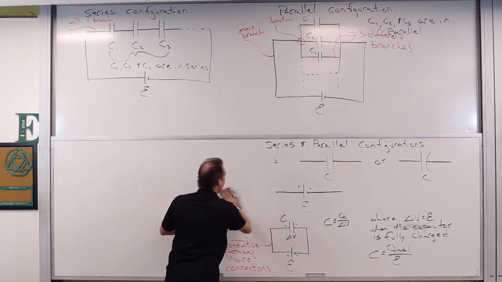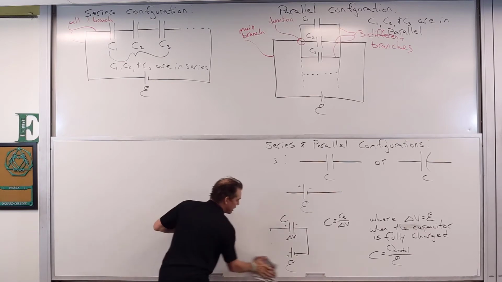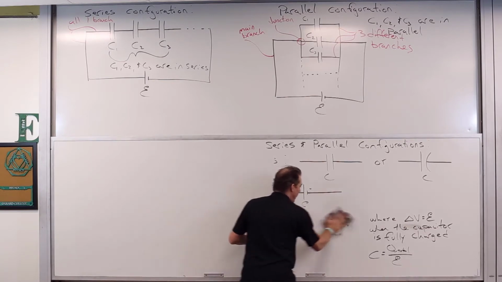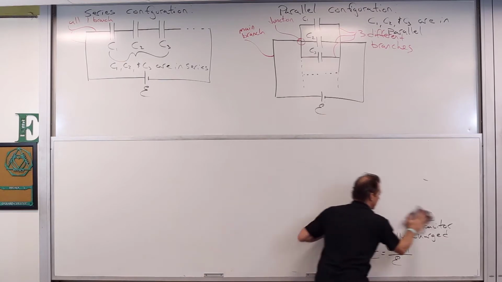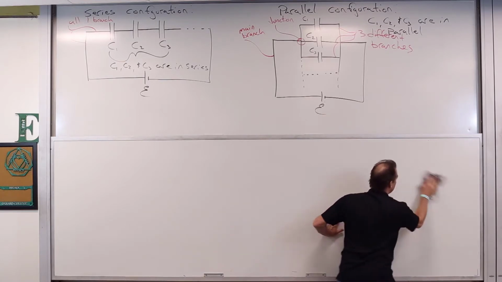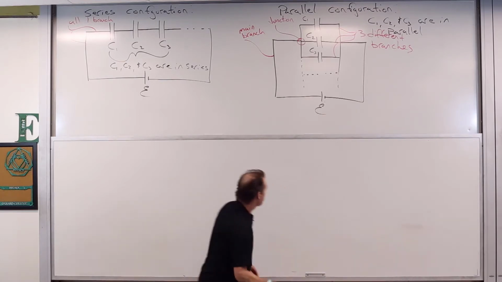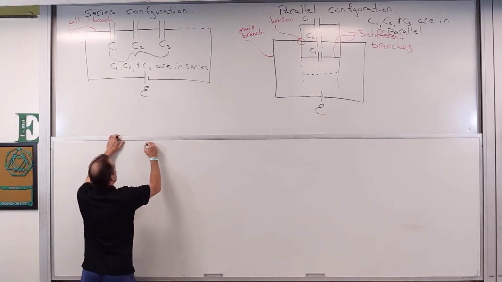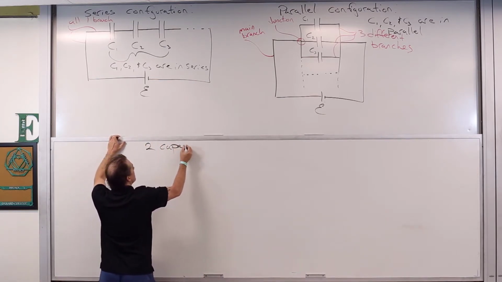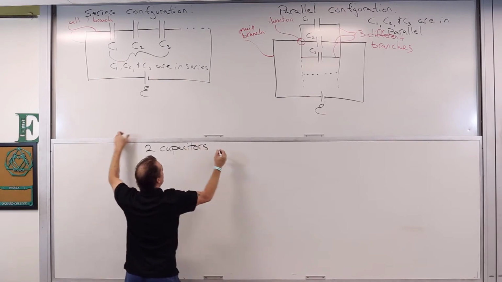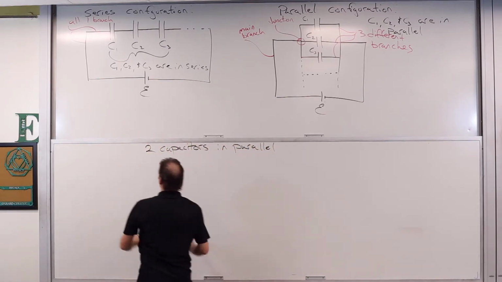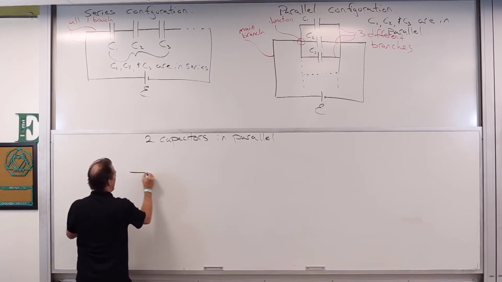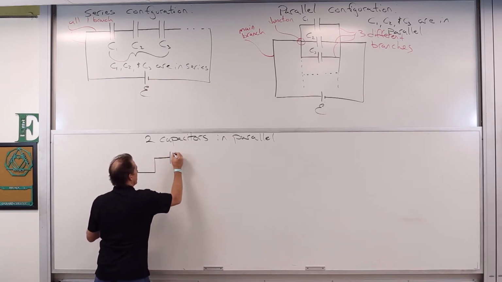Let's consider two capacitors, C1 and C2, that are in parallel and connected to some source potential. Two capacitors in parallel. So, how do I want to draw that? I just go like this.